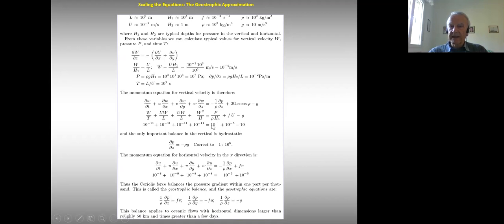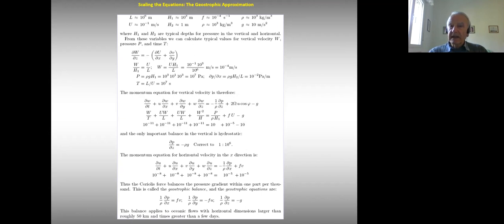And what we obtained really is that all these terms here are 10 to the minus 11, except the vertical gradient of the vertical pressure gradient and the gravity force.